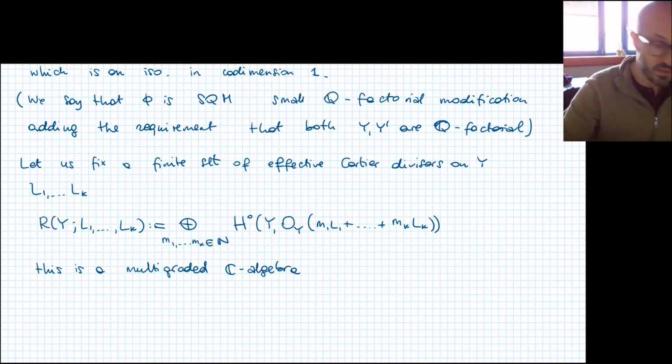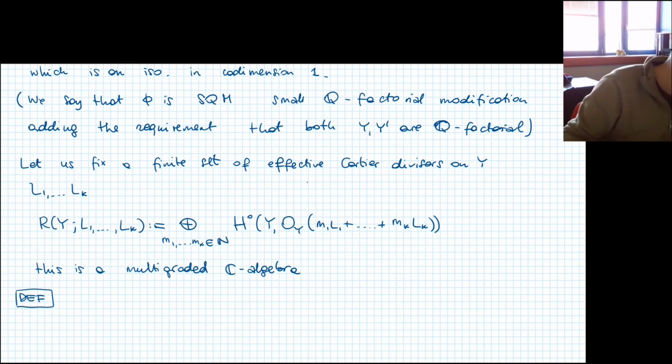So this is standard. The second is not. It is sort of standard because several people gave a definition for it, but it changes in the literature. So that's why I say definition.